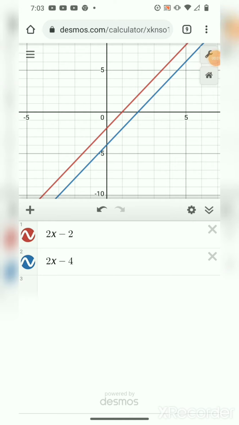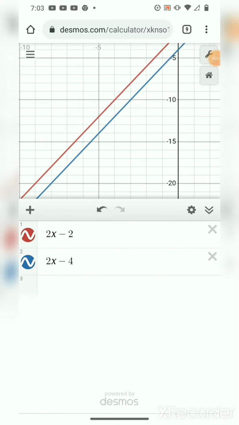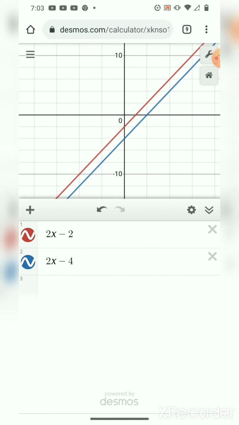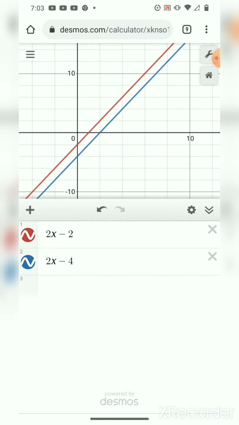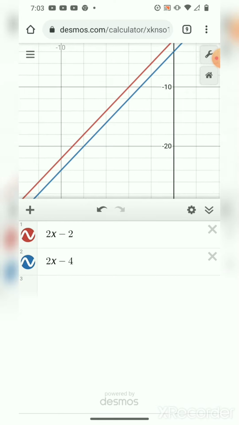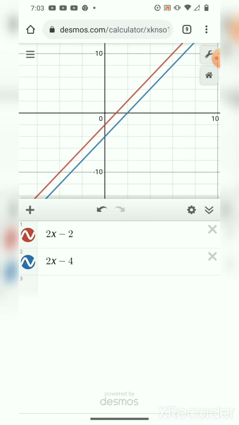Usually, when we find an answer, we would always have an intersection, pointing out that there are 2 numbers that can be placed into x and y that make both equations true. But in a no solution, there are no intersections, so there are no answers that we can use.